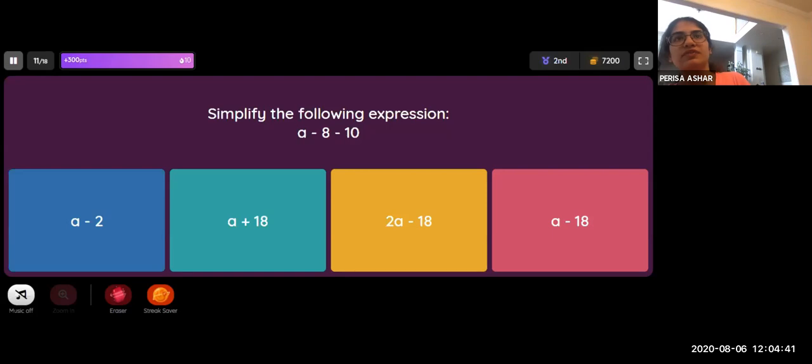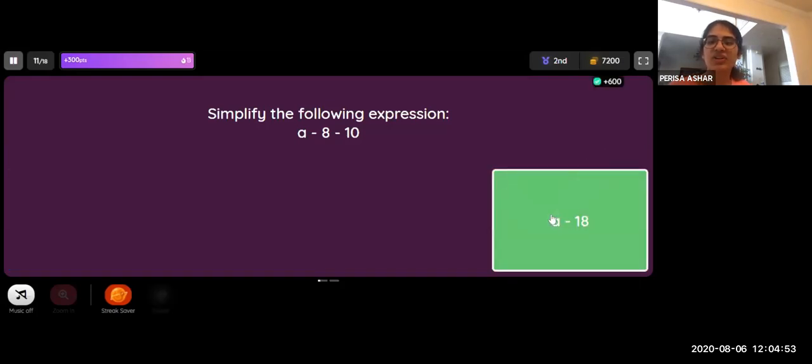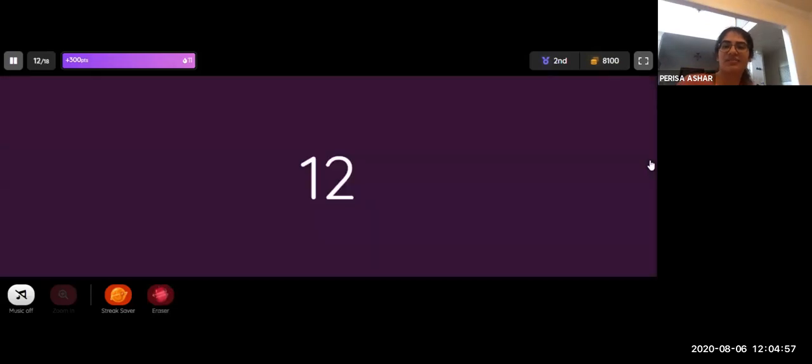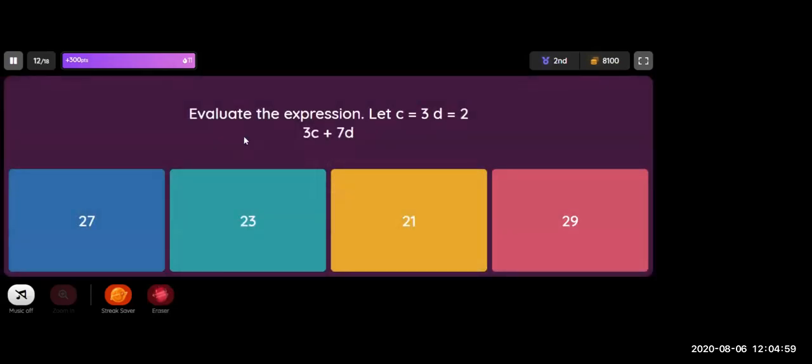They're both positive, so you get 18. This is the same exact scenario, except now they're both negative. So you're only adding them, but in a negative sense. So -8 minus 10 is -18. Good job, guys, and Bitswar for getting that right. Nice job. Okay, evaluate this expression and let C equal 3 and D equal 2.